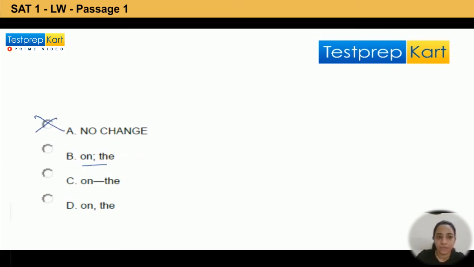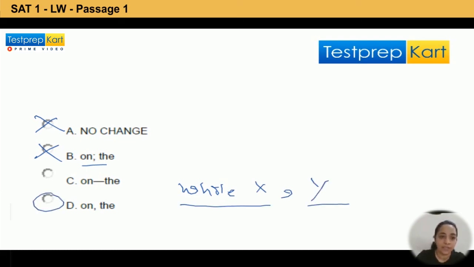Same goes for this because semicolon and full stop both are used when we are separating two complete independent parts, right? Here it gives us a dash, this gives us comma. As we have seen, we want while X, comma, Y. That is the structure. That takes us directly to D. C goes out. D is our answer.